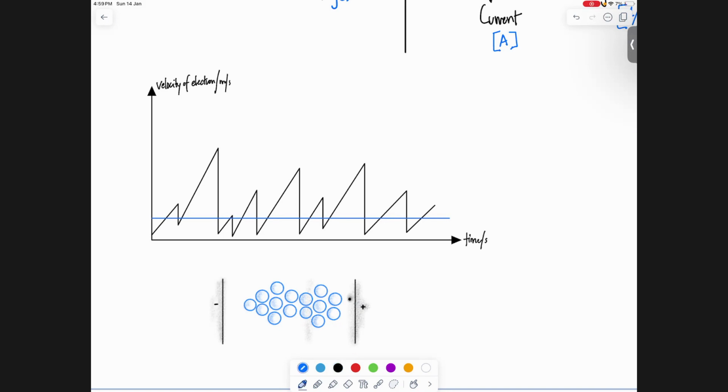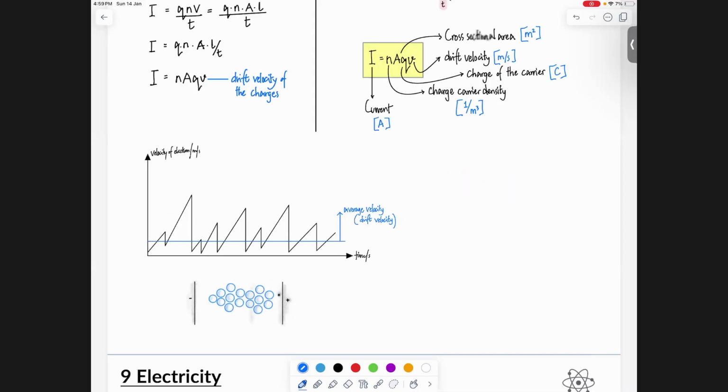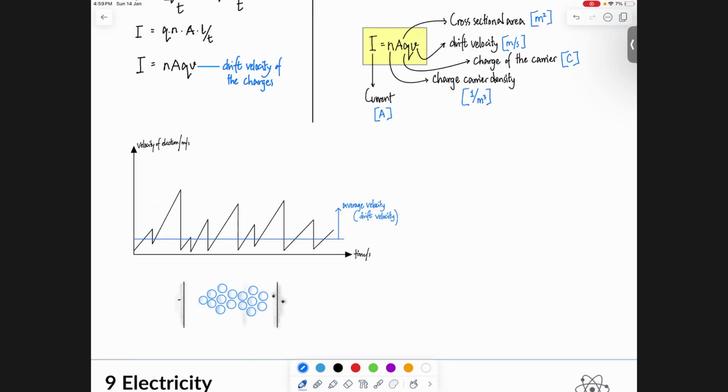But the blue line represents what? The average velocity, and this average velocity is what we refer to as the drift velocity. Do you understand now the difference? So when you saw the purple vapor move slowly like that, the purple vapor was having a difficult time moving through. That's why it was slow.